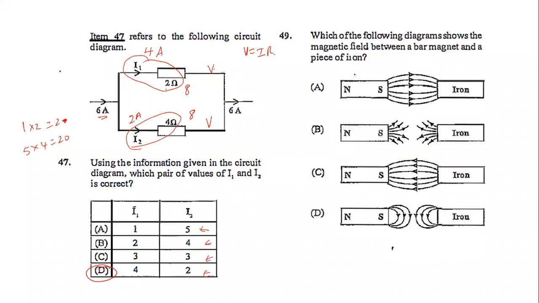Some persons are confused whether it is A or C. The answer there is C. What you should know is that the field lines are drawn from north to south. In this case here, it was from south, but it should always be going towards south. So it is C.